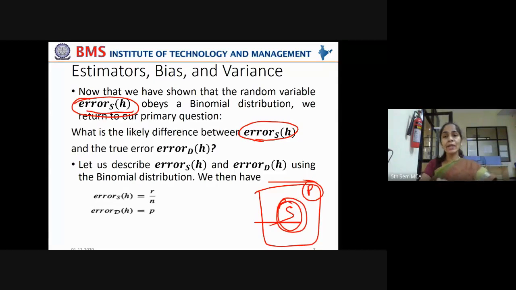Now, take a new data point from the population, which is unseen by your machine learning model. Now, what is the true error? Whether it is making the prediction correctly or wrong, that is indicated by error D of h. Why are we using D here? We have picked up the new instance, the new data point, the unseen data point.